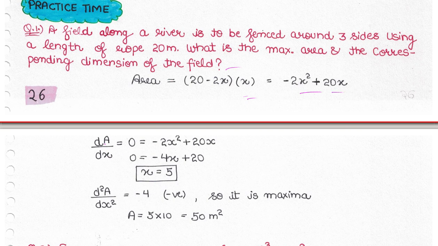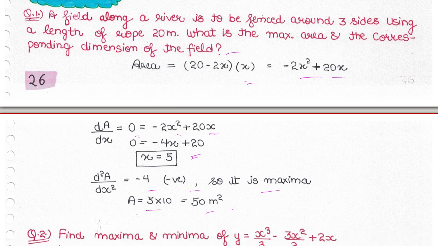So the rate of change of its area dA/dx is equal to 0, is equal to minus 4x plus 20, or x is equal to 5. So its second derivative is d2A/dx square is equal to minus 4, which is negative, so it is a maxima, or A is equal to 5 into 10 is equal to 50 meter square.